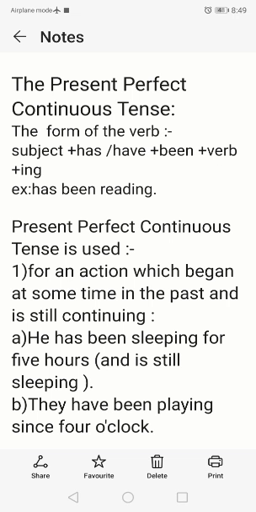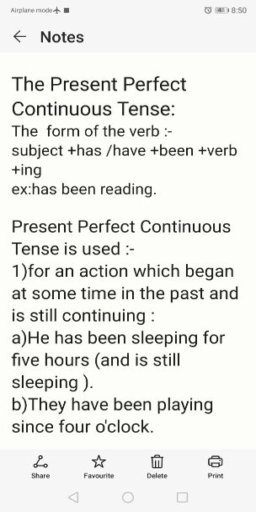He has been sleeping for 5 hours, that is, 5 hours back he started sleeping. At present he is sleeping, and next also he may sleep. His action of sleeping is still going on. In the same way, they have been playing since 4 o'clock. Exactly at 4 o'clock they started to play.